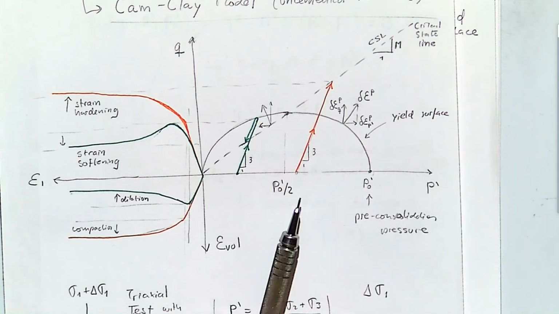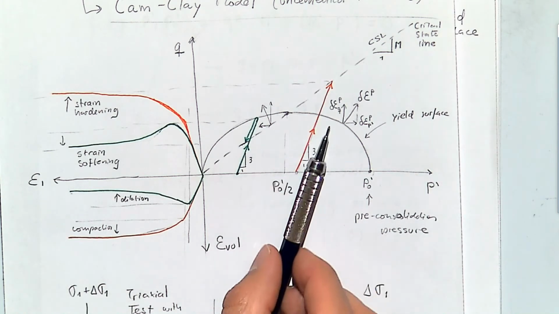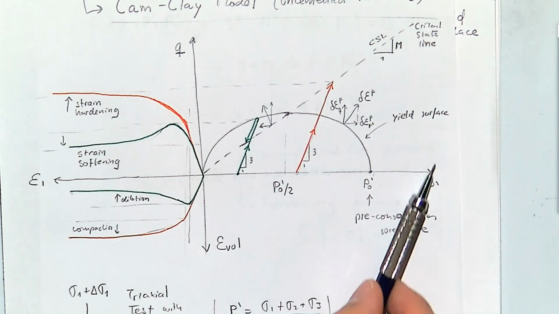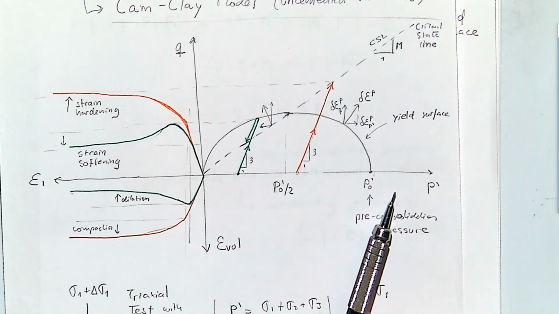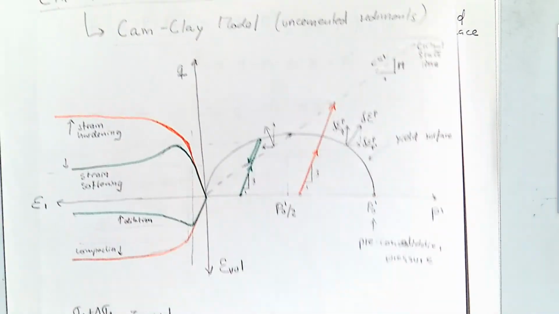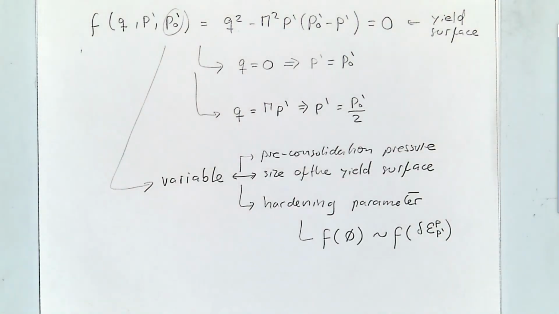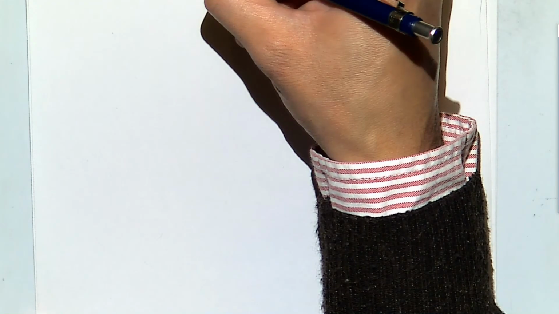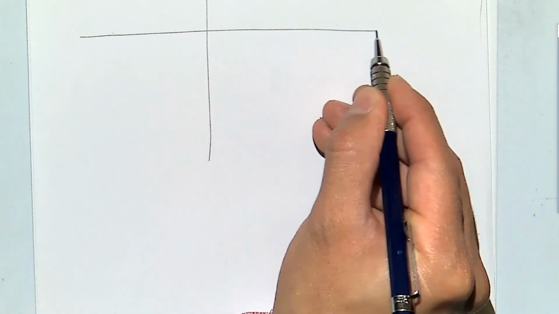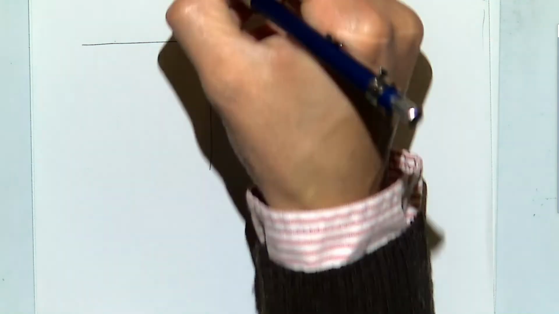So when we go through a path of strain hardening, actually the yield surface is increasing every time, and that's what makes the material get stronger. Let's see that with an example. We're just going to now do the complete path of a strain hardening response.